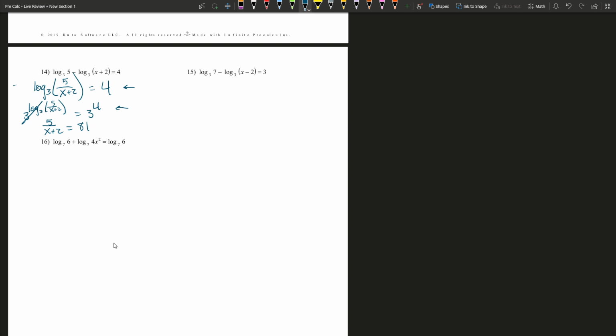Then we multiply by x plus 2 on both sides. So 5 is equal to 81x plus 162.